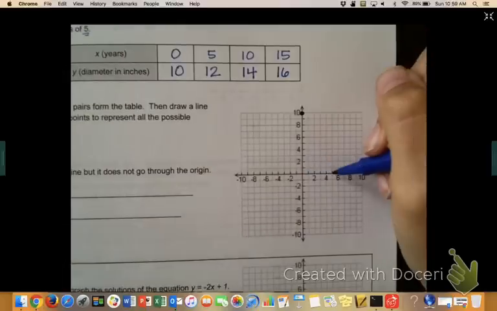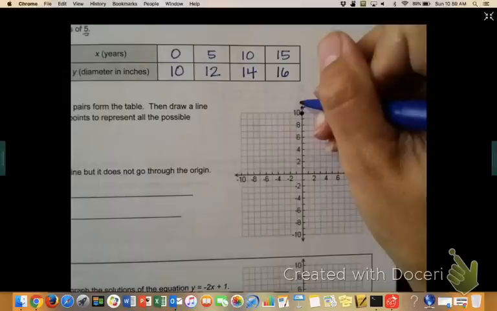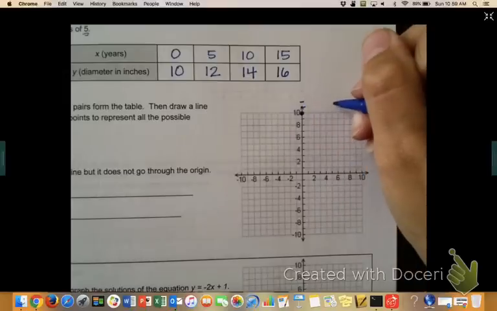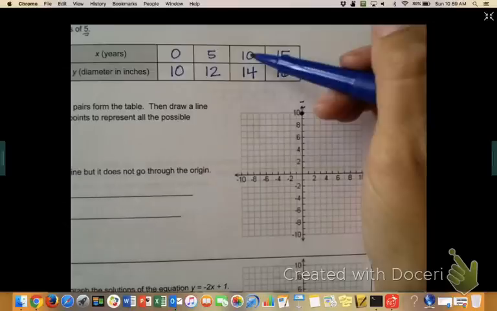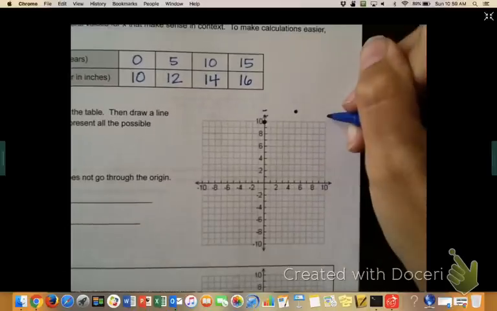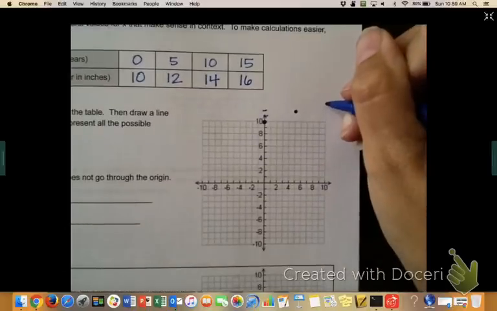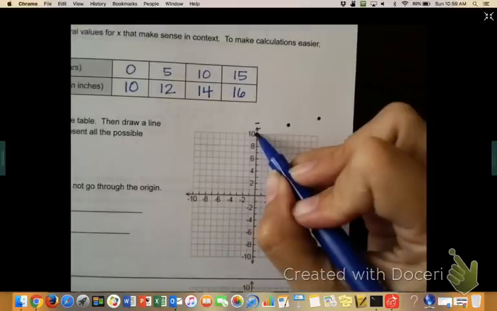And so if we went over to 5, it's going to be off the graph just a little bit at 12. But that's okay. You know what? Let's just squeeze one more on there. 10, 14. If we went over to 10, it would be 14. I know it's off the graph, but that's okay. Sometimes they don't work out the best, but that's okay.